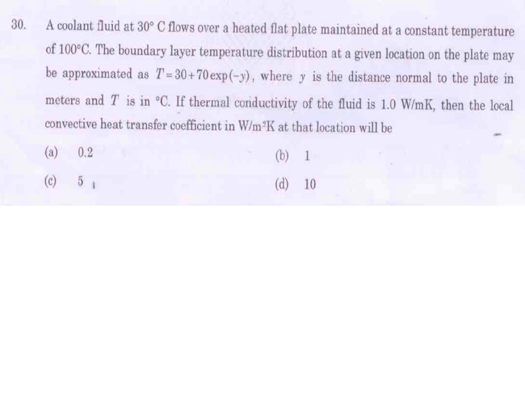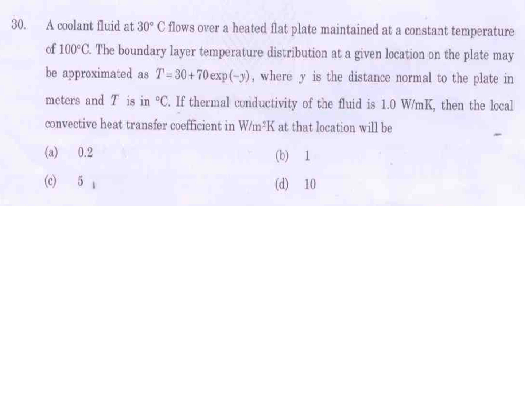Question: A coolant fluid at 30 degrees Celsius flows over a heated flat plate maintained at a constant temperature of 100 degrees Celsius. The boundary layer temperature distribution at a given location on the plate may be approximated as T equal to 30 plus 70 into e to the power minus y, where y is the distance normal to the plate in meters and T is in degrees Celsius.